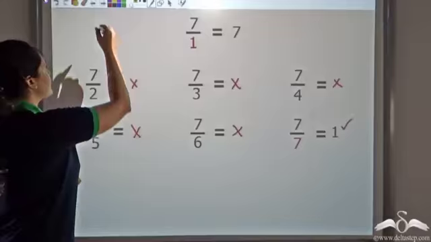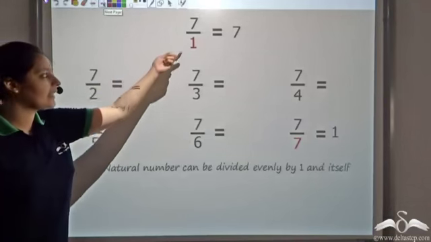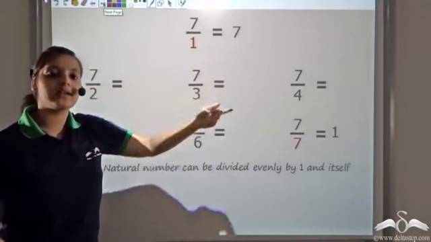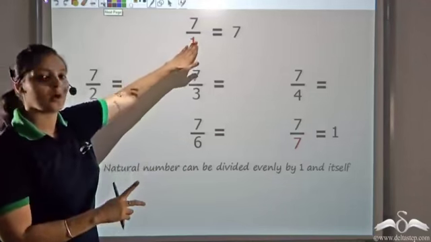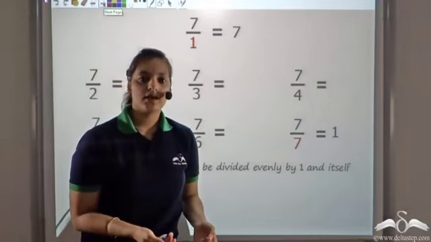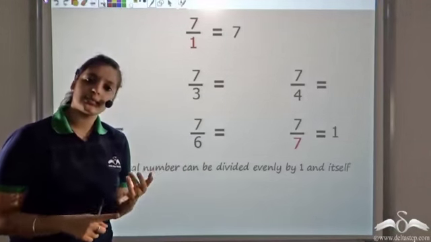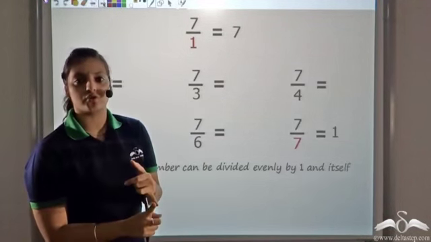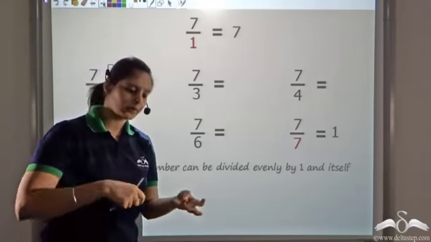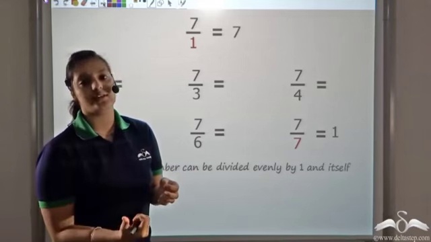So what I can say is that any natural number can in fact be divided by two numbers, which are 1 and the number itself. So even if I have any number, let's say 15, that would be divisible by 1 and 15 also. Again 27 would be divisible by 1 and 27 also.